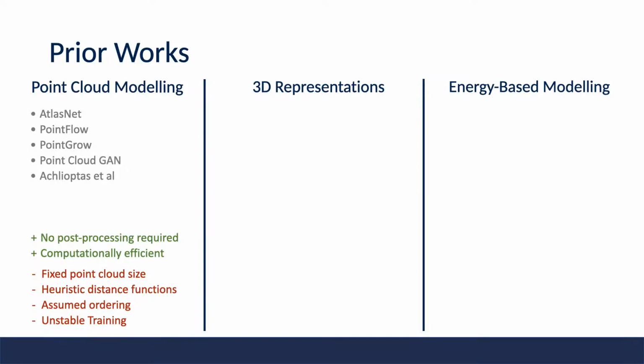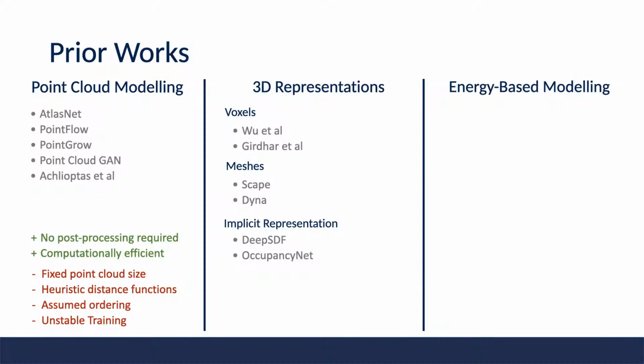That moves us into the second camp, which is 3D representations. There are three main ways to represent the objects in 3D. We can use voxel grid, which is a regularized grid of 3D space. We can use meshes, or we can use, more recently, implicit representations.